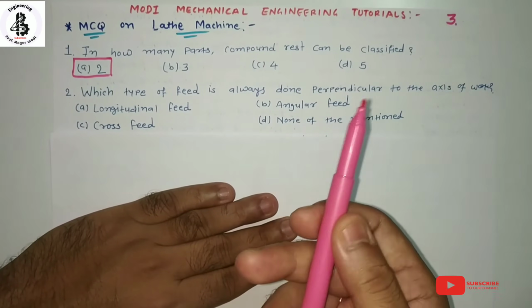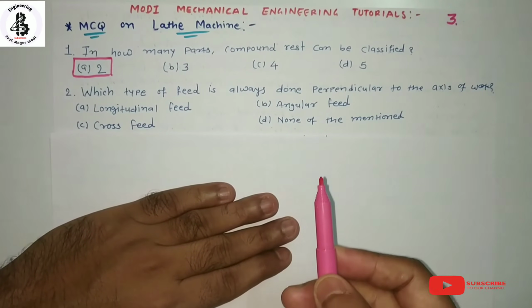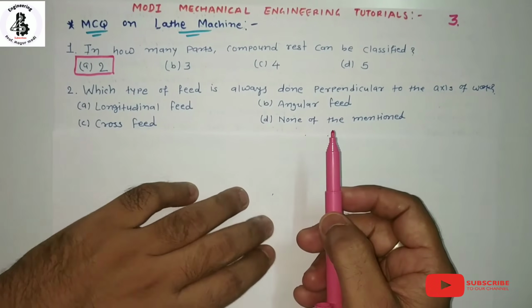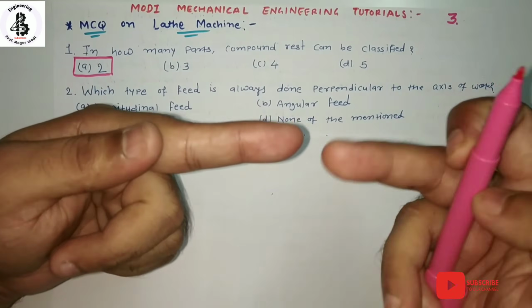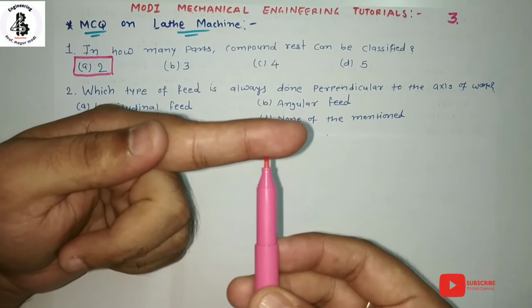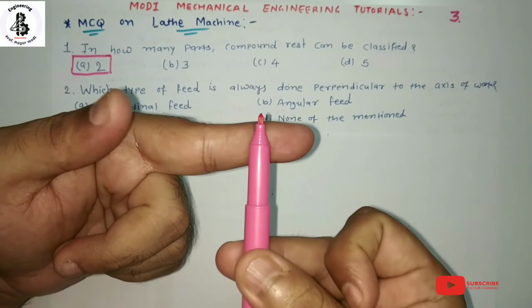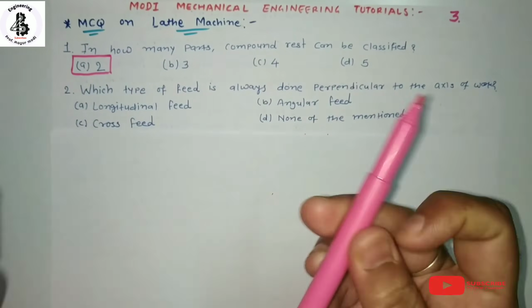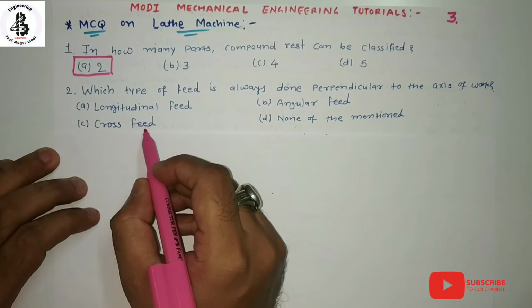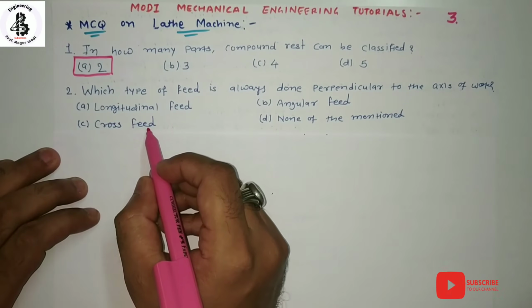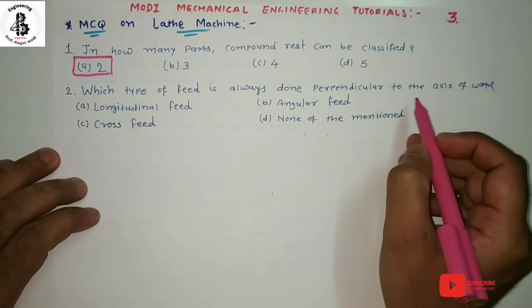So suppose this is my cutting tool, and the feed is perpendicular to the axis of the work. So suppose this is my axis of the work, this is perpendicular, and that requires a cross feed.